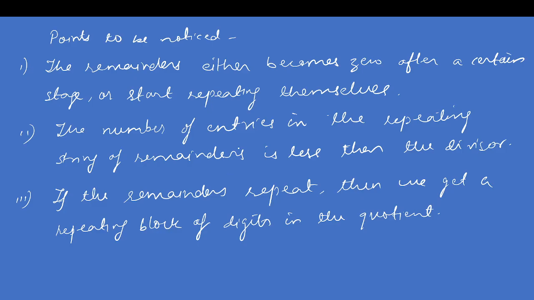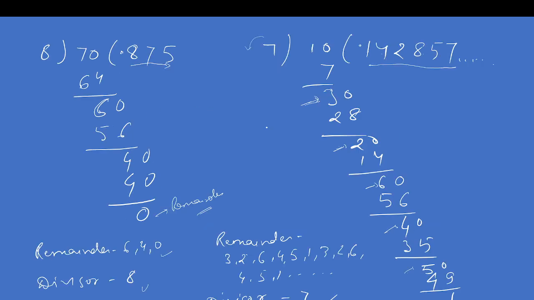Okay, so now what are the points to be noted from the above three examples? What you have seen is that the remainders either become zero after a certain stage or start repeating themselves. So you can see in this case the remainder becomes zero, and in this case it starts repeating itself, like first 3, 2, 6, 4, 5.